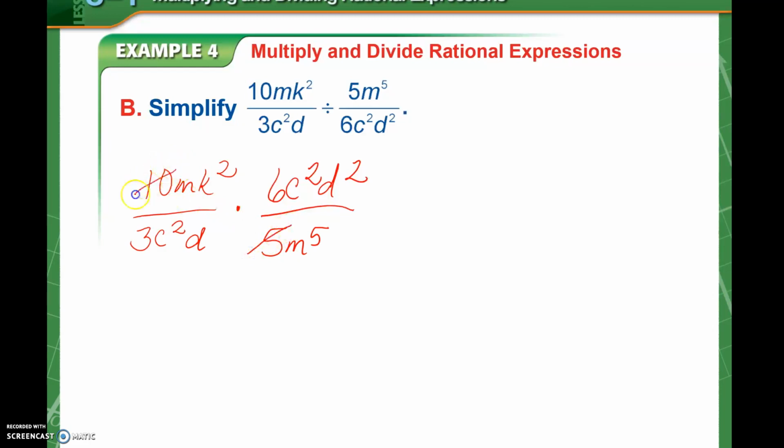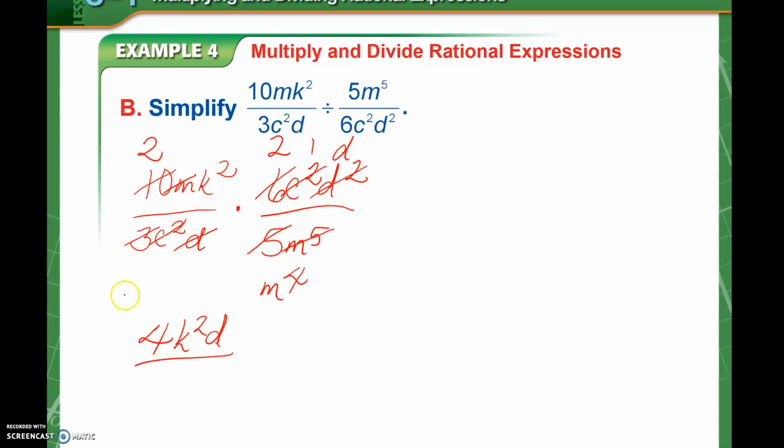And then go ahead and simplify. So I'm left with 2 times 2, which is 4, times 1, times k squared, times d, all over m to the 4th.